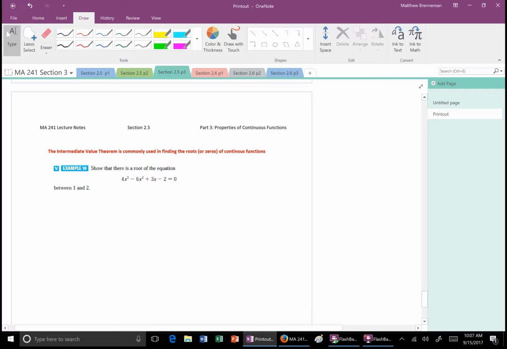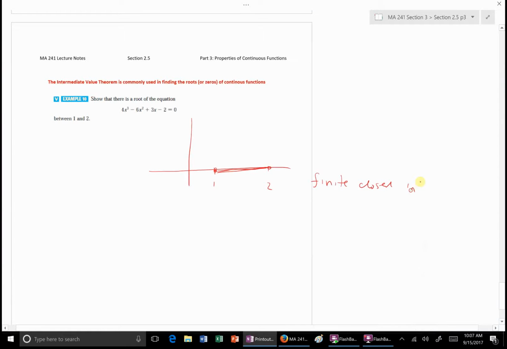Let's look at a concrete example. Here's this function. I want to see if there is a root between x equal to 1 and x equal to 2. So I have a finite closed interval, and that condition's checked off.